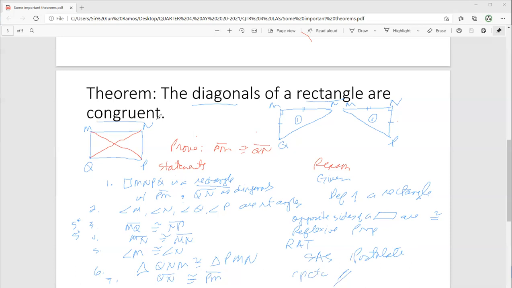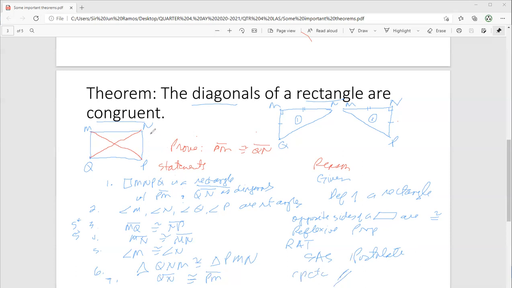What did we actually do here? We restated the theorem, the diagonals of a rectangle are congruent, into an if-then statement. And we said that if a quadrilateral is a rectangle, then the diagonals are congruent.